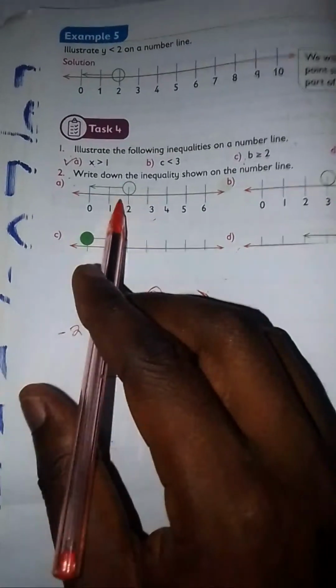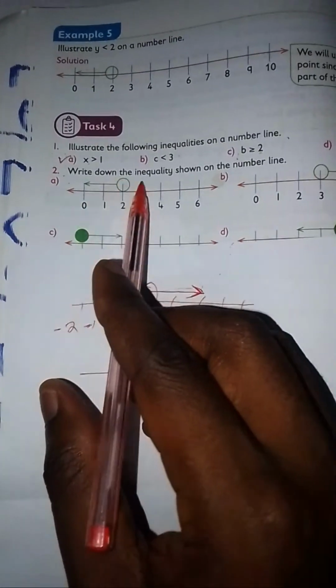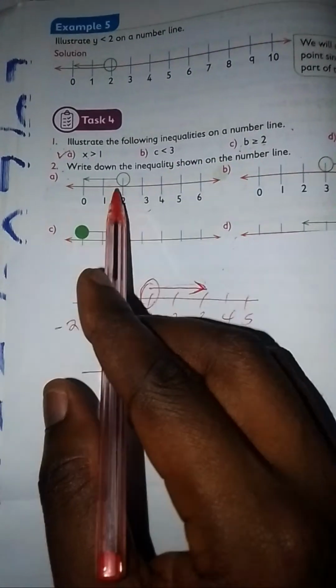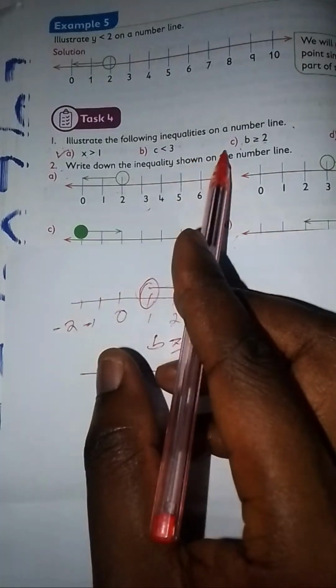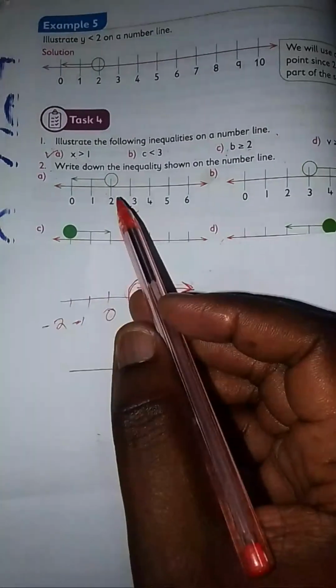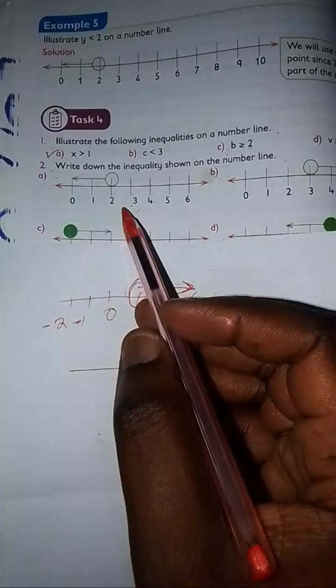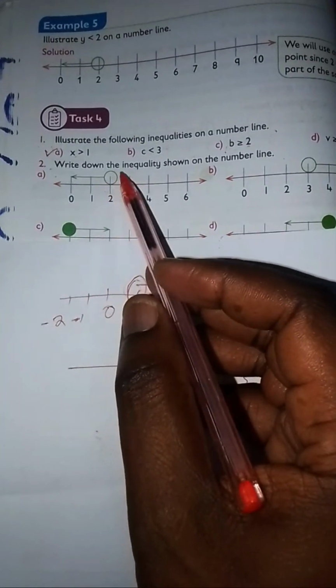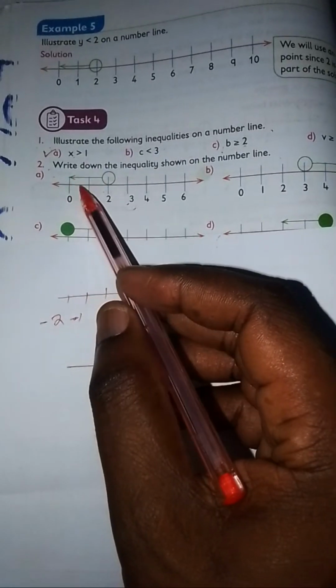I want us to check, for example, this. Write down the inequality shown on the number line. So let's check. The point is at 2 and the arrow points towards the left.